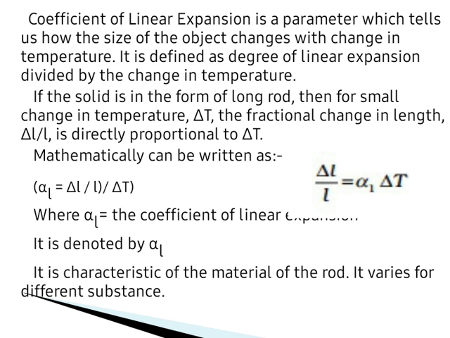If this solid substance is in the form of a long rod, then for small change in temperature, that is delta T, the fractional change in length, delta L by L, is directly proportional to delta T. Then it can be mathematically expressed as delta L by L is proportional to delta T. So delta L by L is equal to a constant into delta T. This constant is denoted by alpha L. It is the coefficient of linear expansion of the substance.